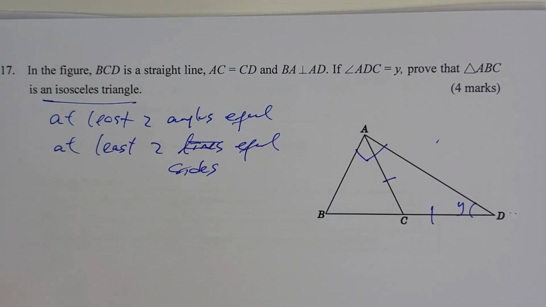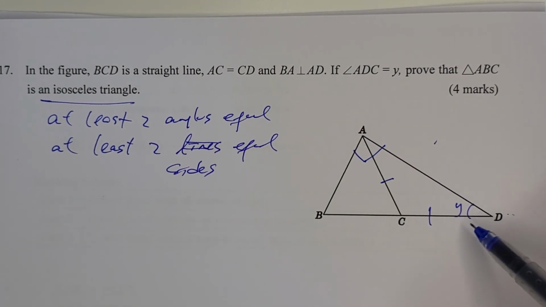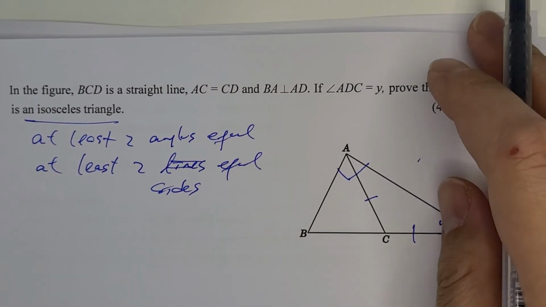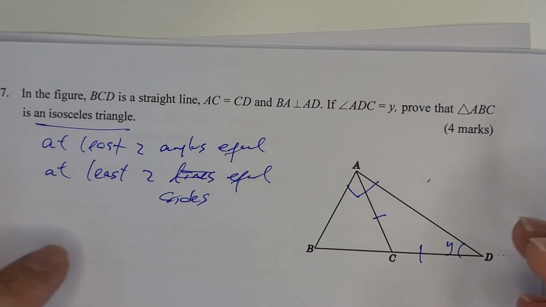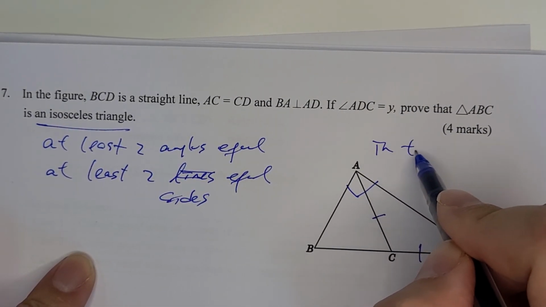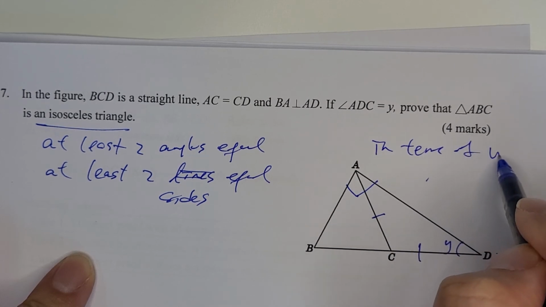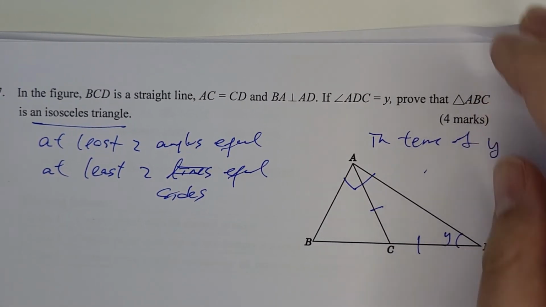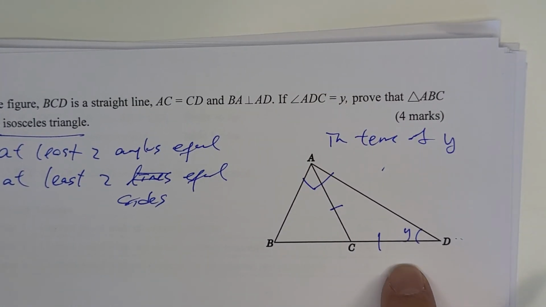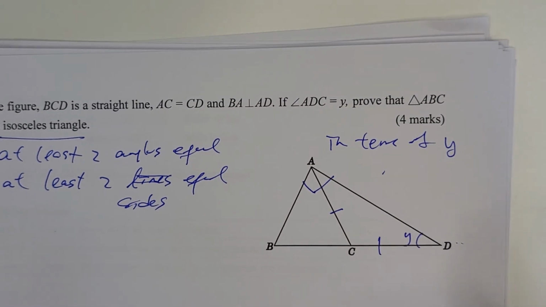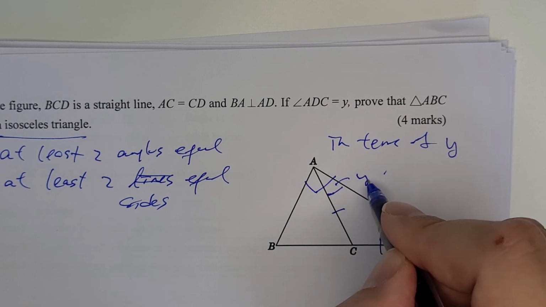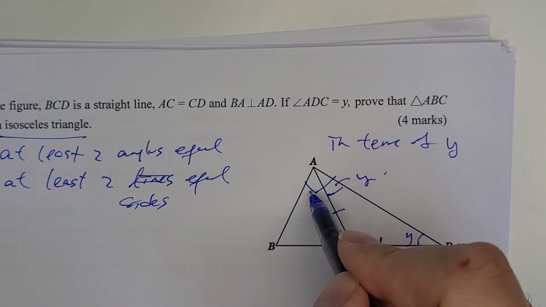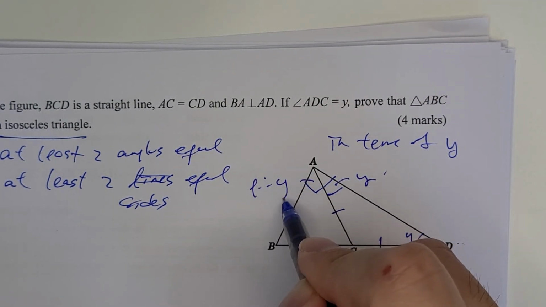So we have this unknown angle y. We try to find all these angles in terms of y. That's a key concept. Do not add something more, x, z. No, we try to use this y as much as possible. It is y. This is also y. This will be 90 degree minus y.